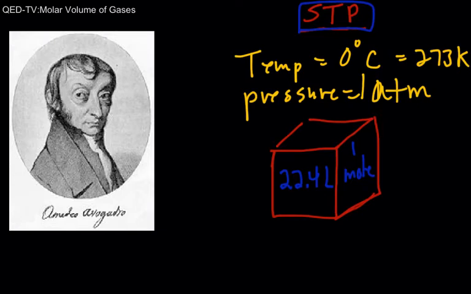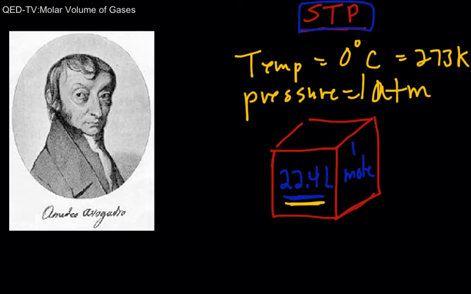That's the magic number. That is what we call the molar volume of gases. If I'm at STP conditions, you will be able to fit 1 mole of any gas into 22.4 liters.